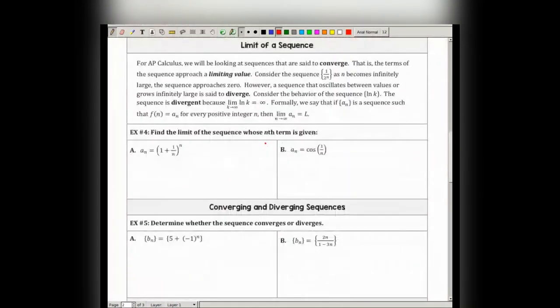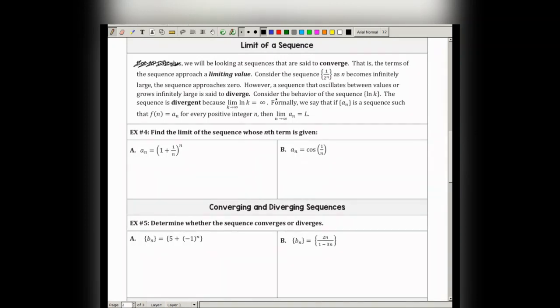Okay, so now we're going to talk about limits of a sequence. So ignore this AP Calculus reference here. All right, so we're going to be looking at sequences that converge, which means that they actually approach an actual limit or a limiting value. And then some of them are going to diverge, which means that they're going to approach infinity.